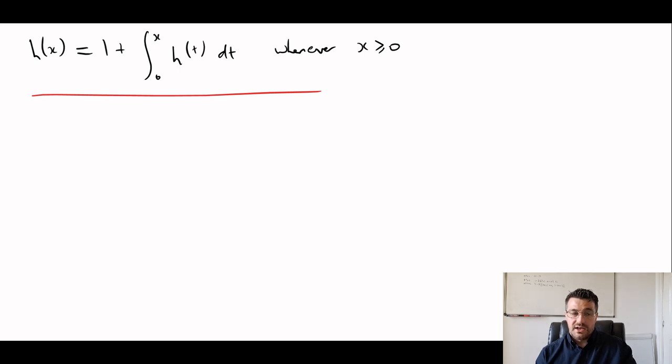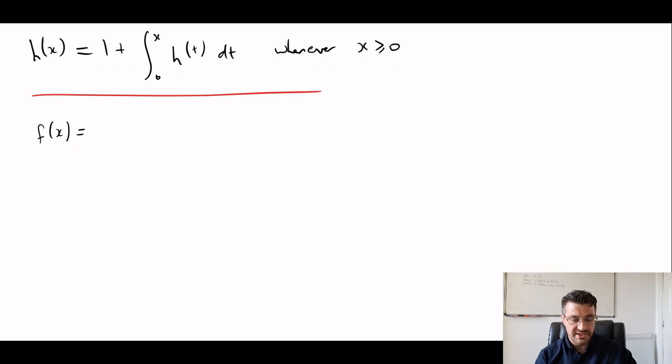But don't put it down on the page. You've got to keep that stuff to yourself, or at least if you do put it down on the page, scribble it out so that it's clear it's not part of your solution. Right, so then we've also got let f of x.